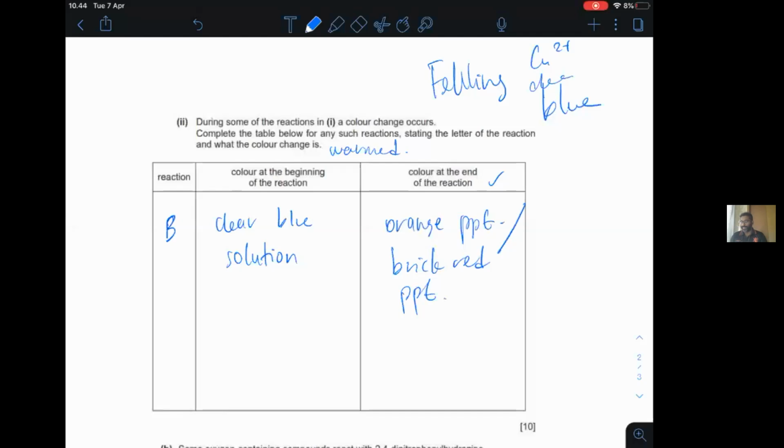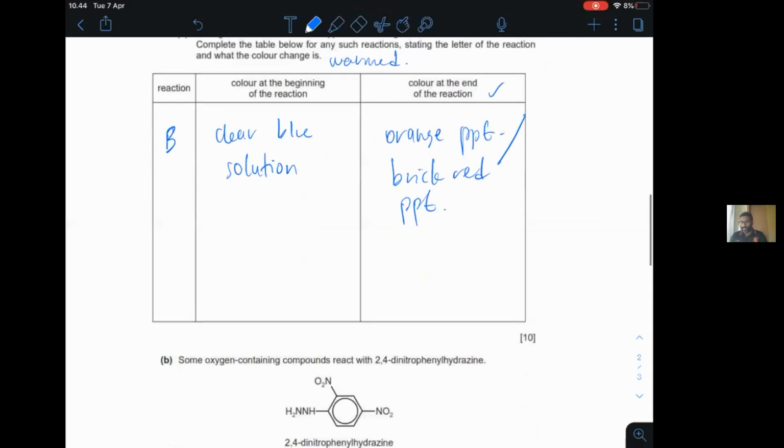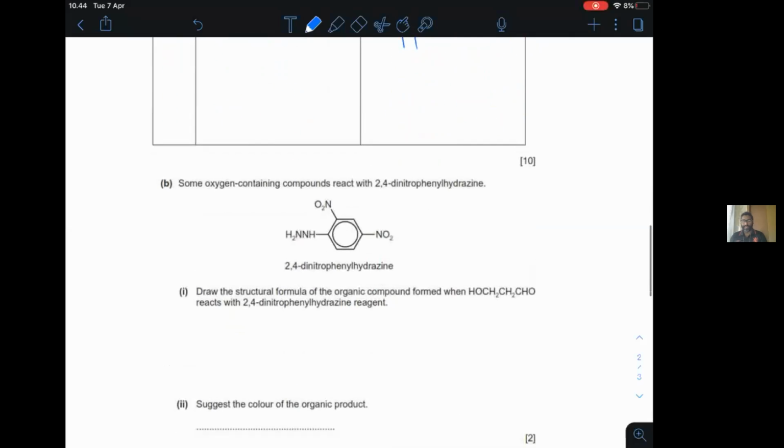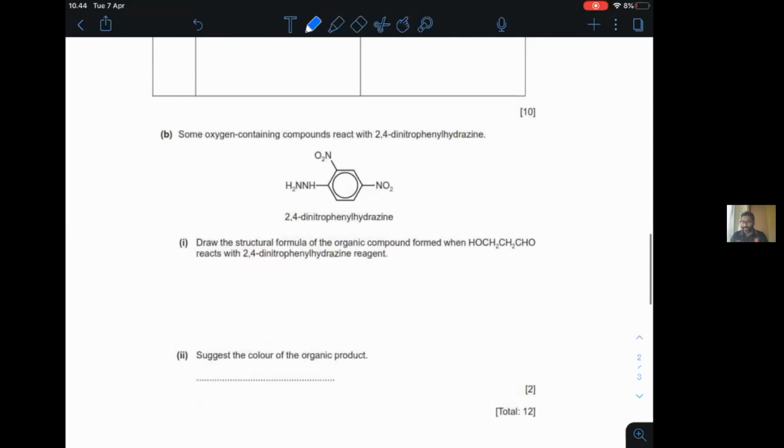It's a darker orange. Do take note, even here they actually mentioned in the question, if you are using 2,4-dinitrophenylhydrazine, you are going to get a red-orange precipitate, but the orange precipitate must be very bright. So we will say deep orange precipitate. Here they have given you the 2,4-DNPH.